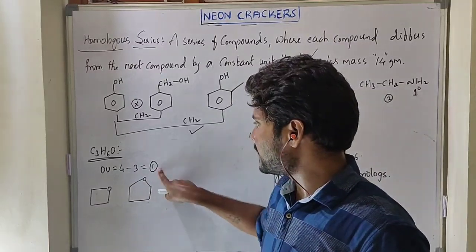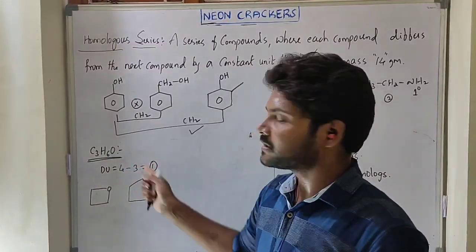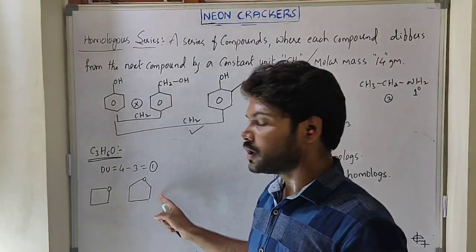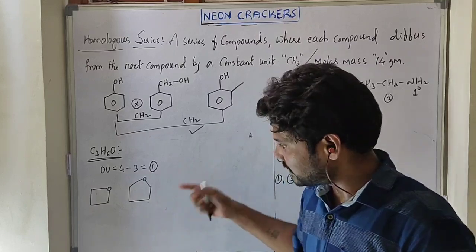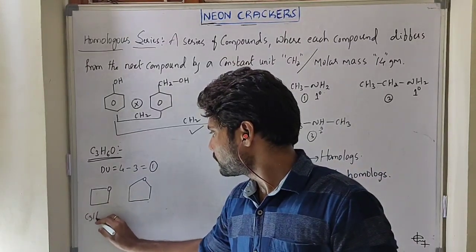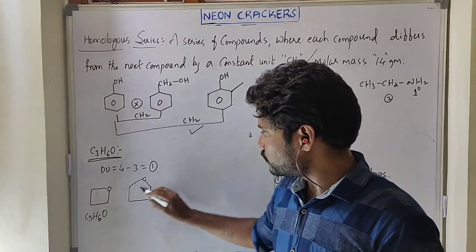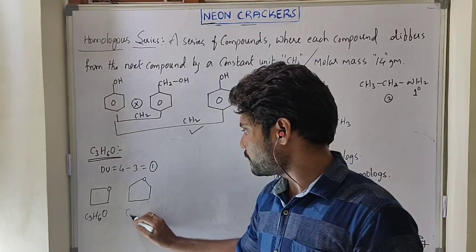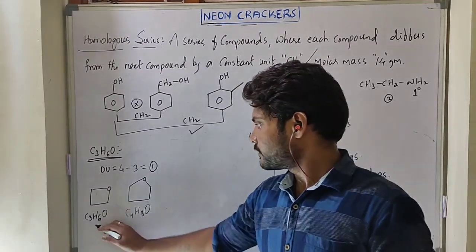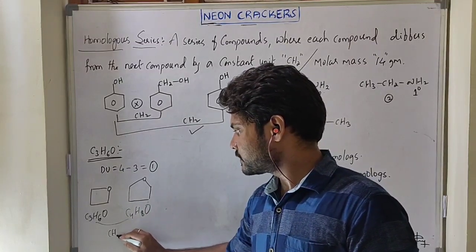If DU is the same and the carbon number differs by 1, then the molecular formula difference is CH2. This one is C3H6O; the next has 4 carbons, 8 hydrogens and 1 oxygen. So we are getting a CH2 difference.